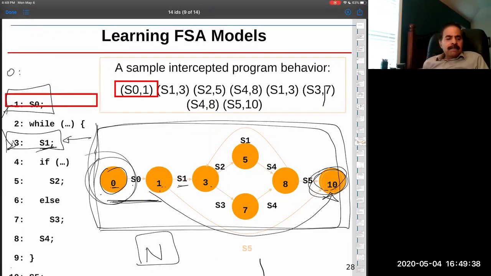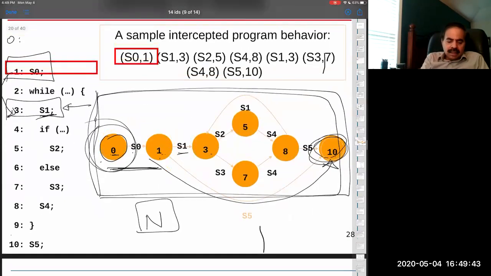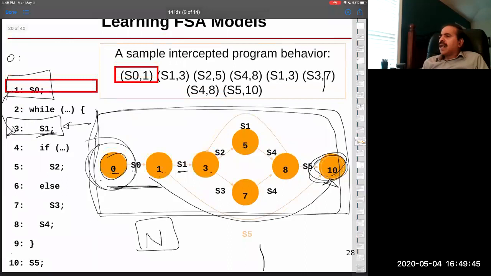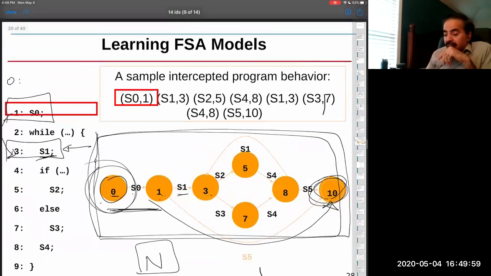Okay, any questions? I wanted to give you some idea of how intrusion detection techniques work. Obviously, we are not going into this topic at the same level of depth as some of the other topics that we have covered so far.